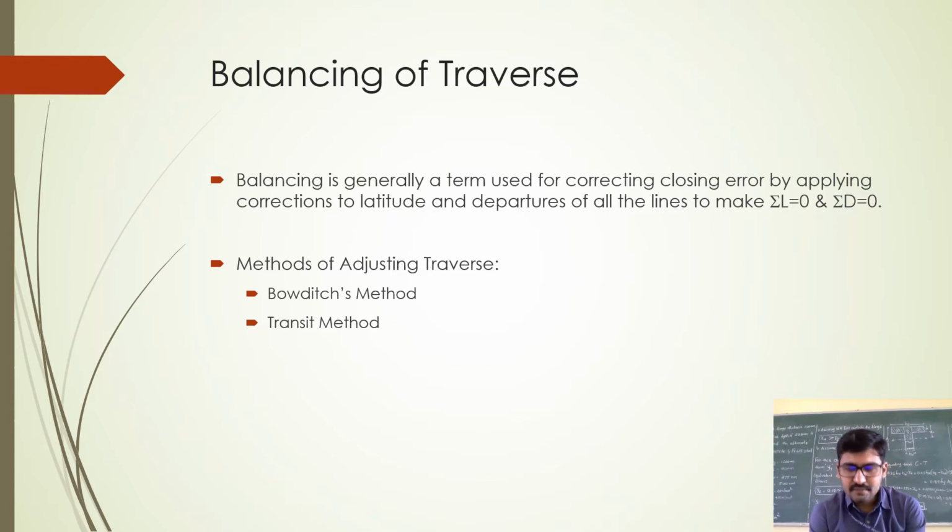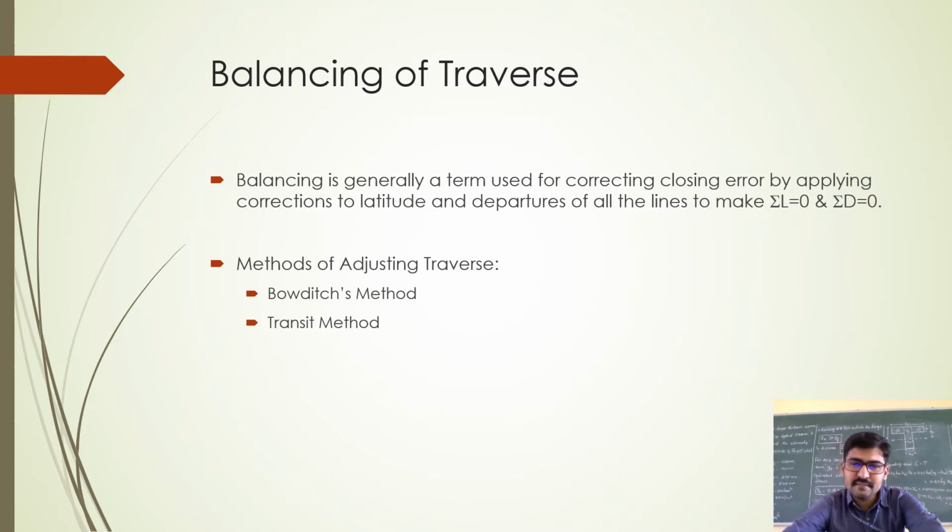One thing you need to understand is that whenever the traverse is a closed traverse, you calculate the latitude and departure of all the lines. You know how to calculate them: L cos theta is latitude and L sin theta is departure. For all the lines you know the length, because in the previous table there is a column where the length is written and a column where the bearing is written, right?